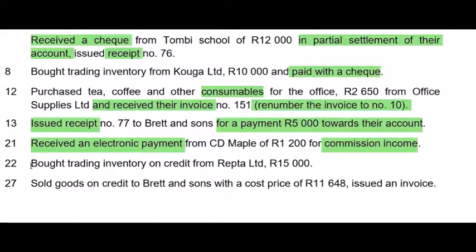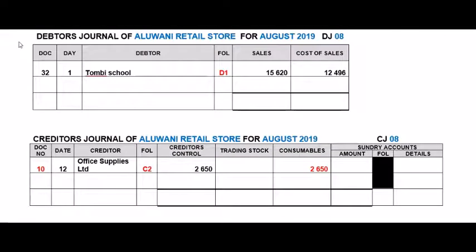Then we're almost done. On the 22nd, we bought trading inventory on credit. If we buy on credit, you should know it's a creditor's journal transaction. From Repta Limited, 15,000 Rand. So in the CJ, we will renumber the invoice to number 11 because remember we renumber invoices from creditors.